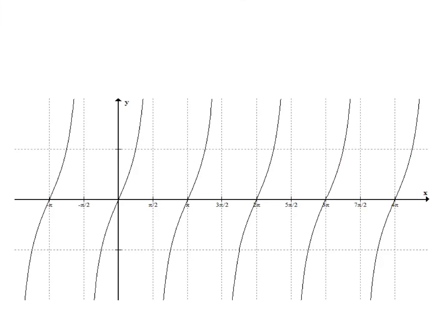So what does the graph of tangent look like? Well, this is what it looks like. If you think about going around that unit circle, you start here with a slope of 0, and your slopes increase, increase, increase, increase until 90 degrees or pi over 2, and that's where you have an asymptote.